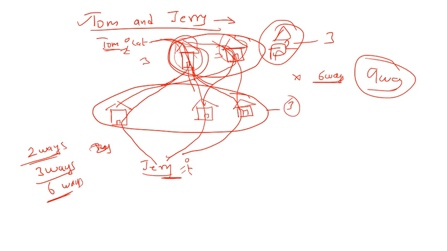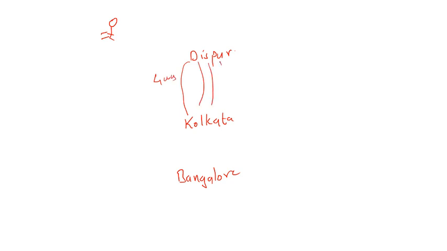Let me give an example. There is a person who wants to travel from Dispur. Dispur is the capital of Assam. He wants to travel from Dispur to Bangalore, and in the center there is a place called Kolkata. From Dispur to Kolkata there are four routes: 1, 2, 3, and 4.